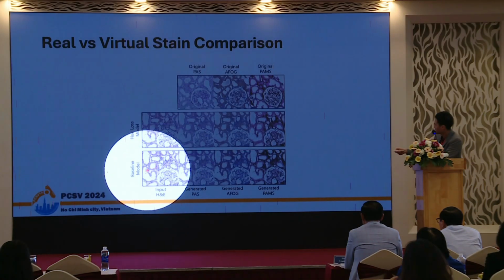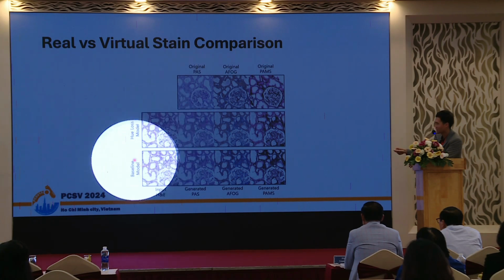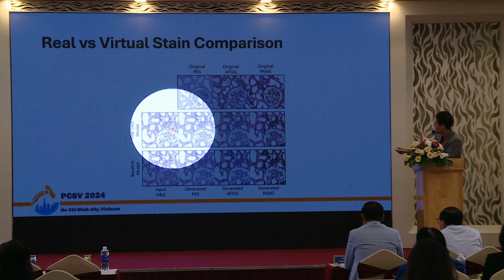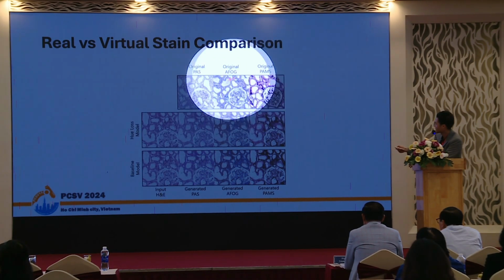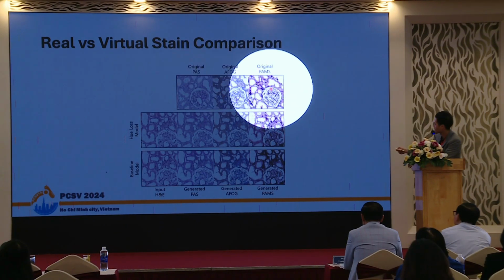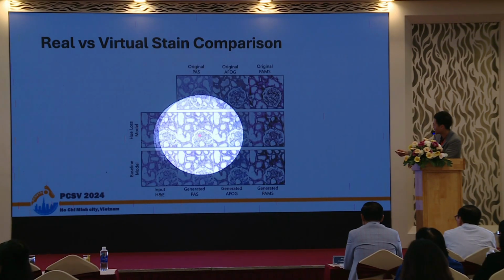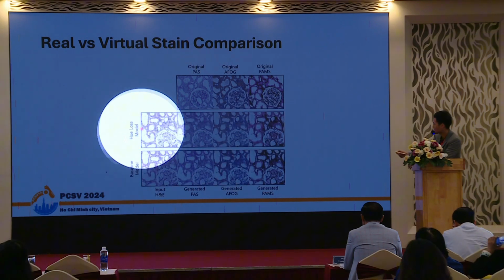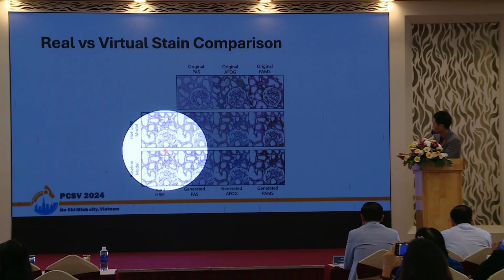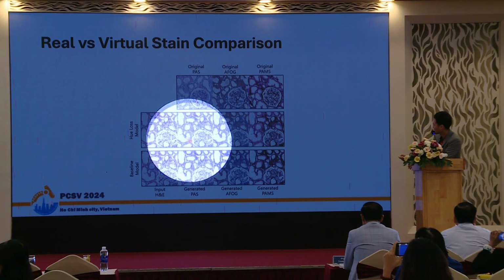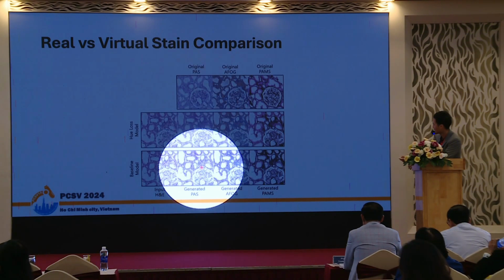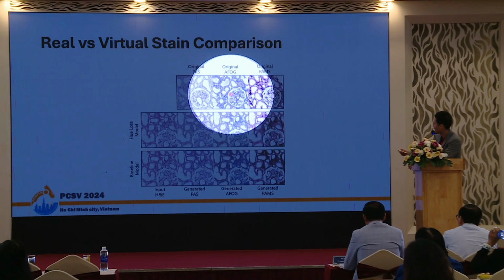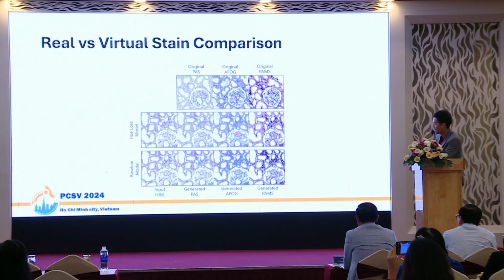So these are the actual H&E input images, the serial sections of actual special stains, and these are the generated special stains from the H&E. If you compare these original PAS and generated PAS or other special stains, I think they are okay.